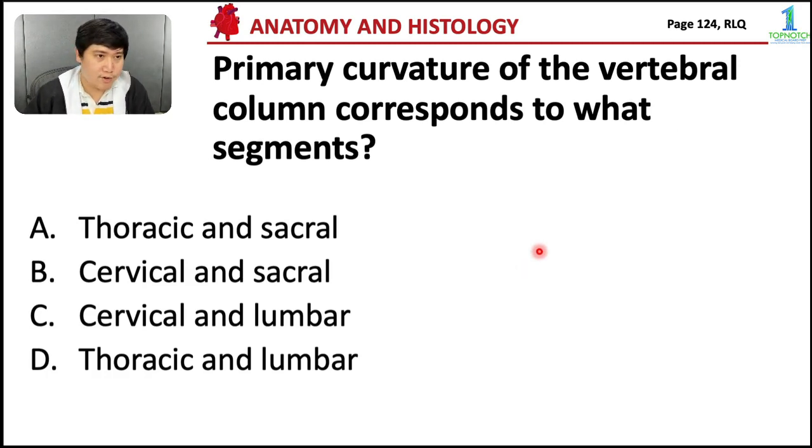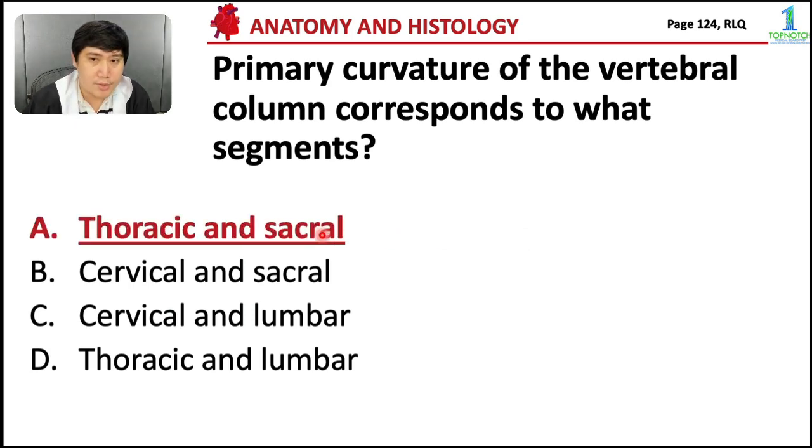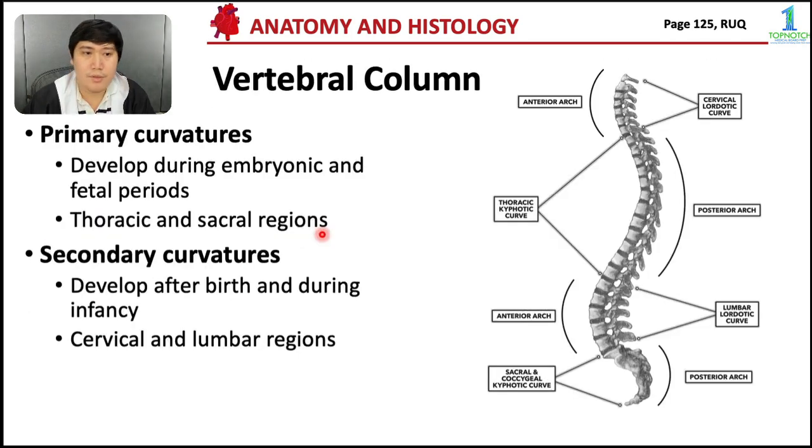Okay, so moving on with the first question. Primary curvature of the vertebral column corresponds to what segment? Your primary curvature includes your thoracic and your sacral curves. You have 2 curvatures, a primary curvature and a secondary curvature. Your primary curvature developed during the embryonic and fetal period, so you appreciate them even during the fetal stage.